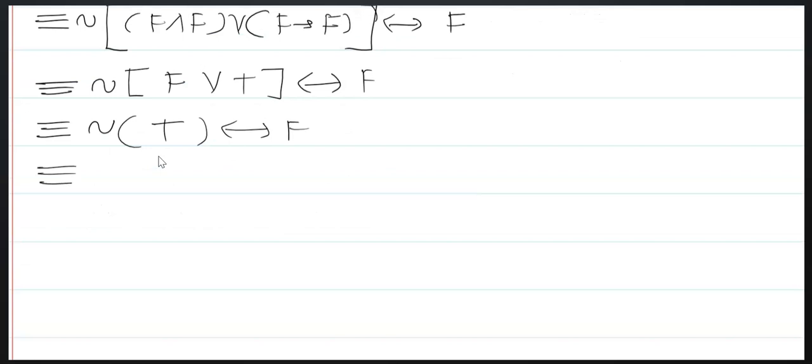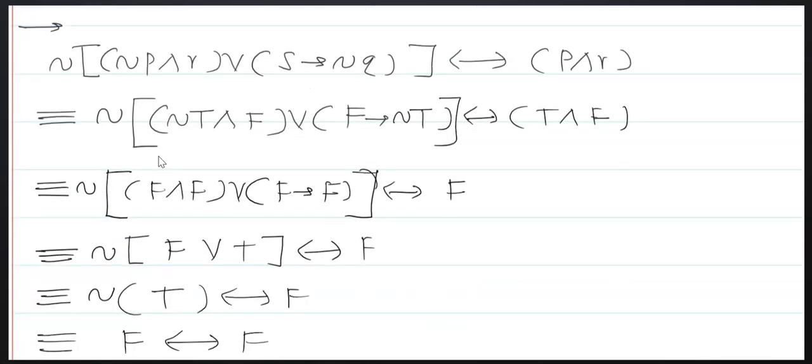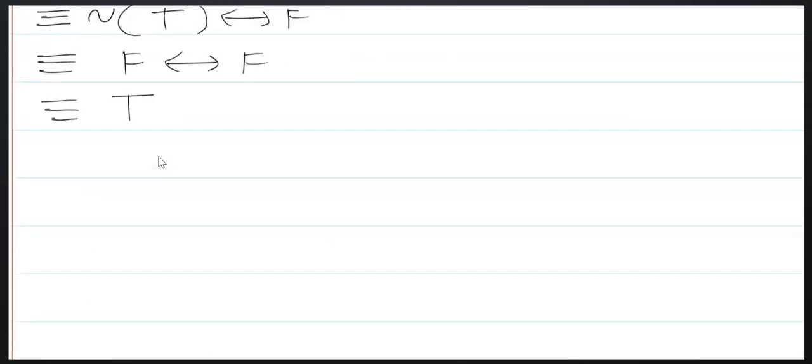F or T is T, negation of T is F, F implies F is T, double implication. For the double implication, if both of them are same, then it is true. Now the next.